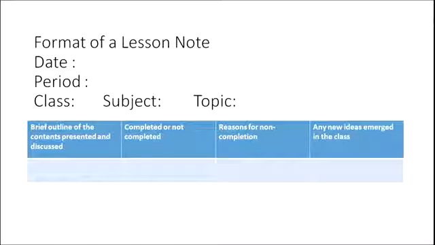In its columns, we have a brief outline of the contents presented and discussed, completed or not, reasons for non-completion, and any new ideas that emerged in the class. Many a times we have very spontaneous but very fruitful discussions in the class which result in very meaningful insights and ideas that emerge.